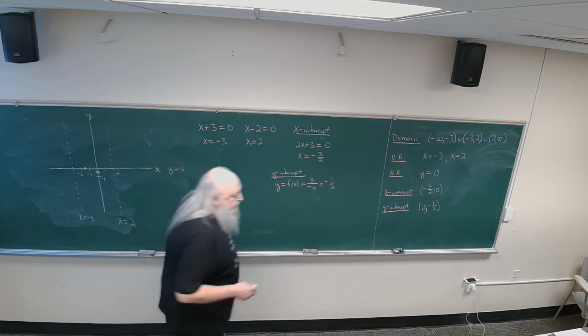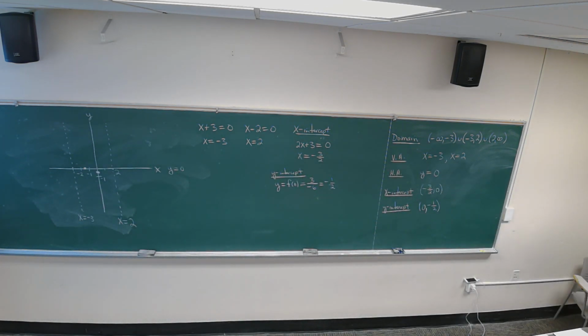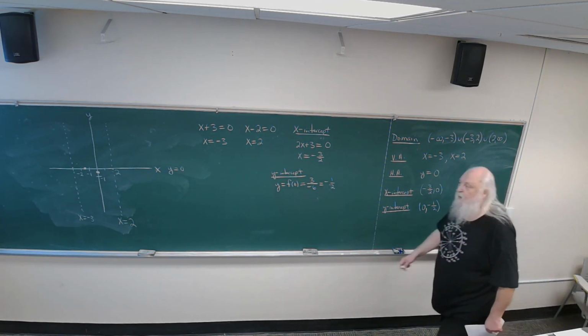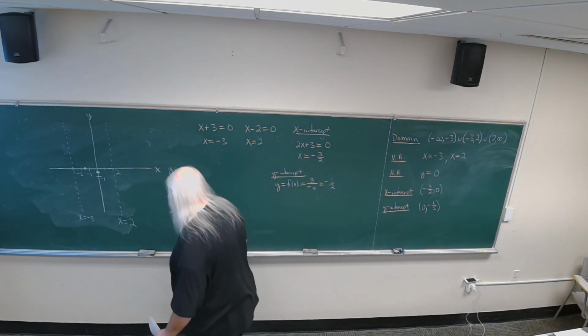And now we can proceed to graph this rational function. We know the vertical and horizontal asymptotes, and we know the x and y intercepts. All right.